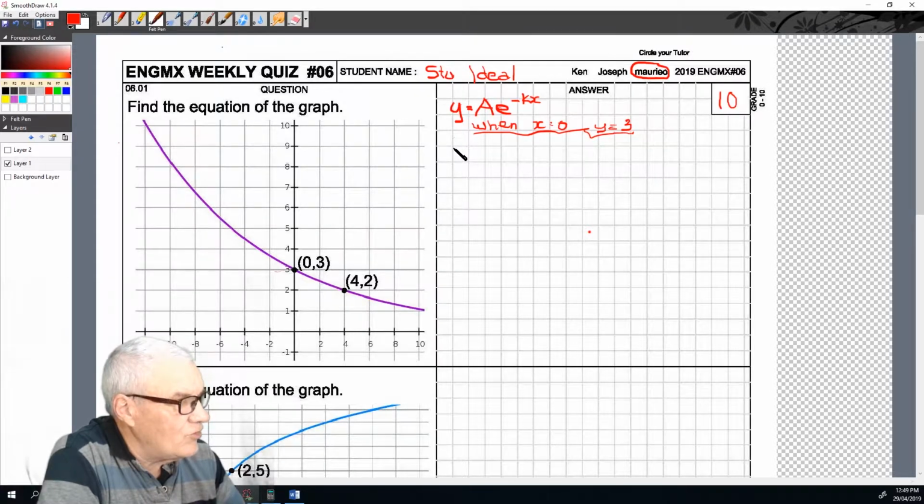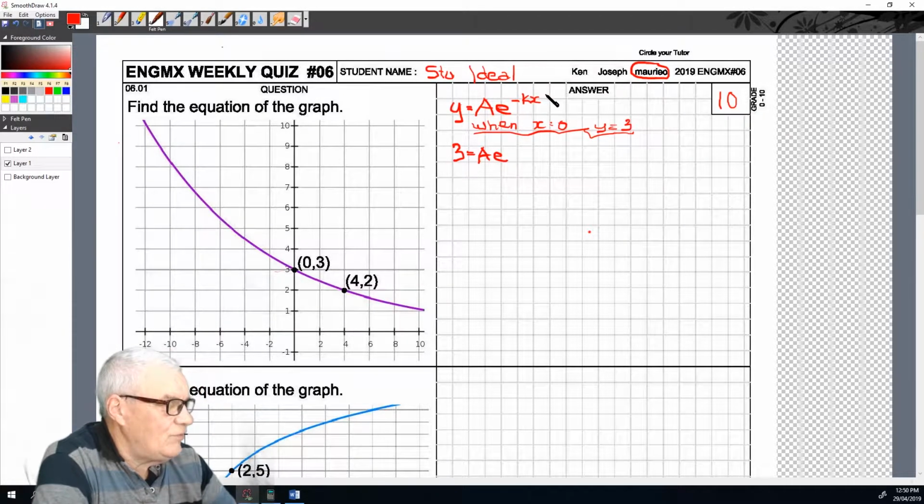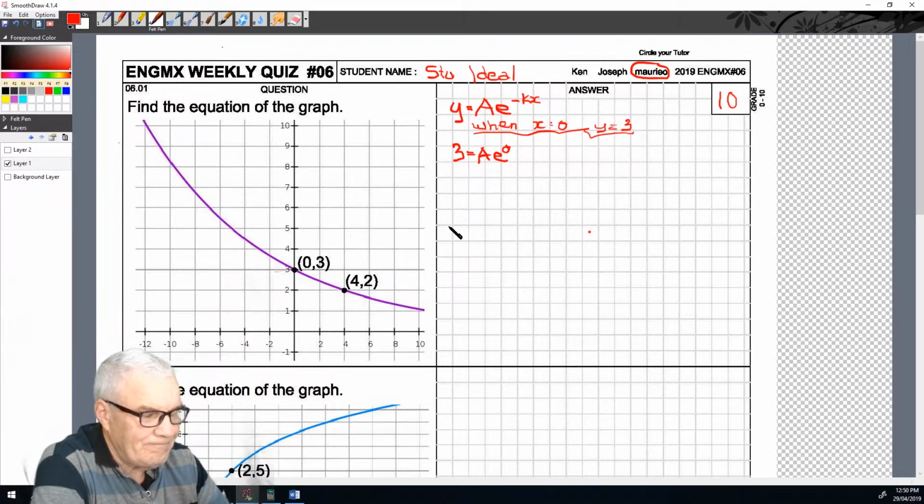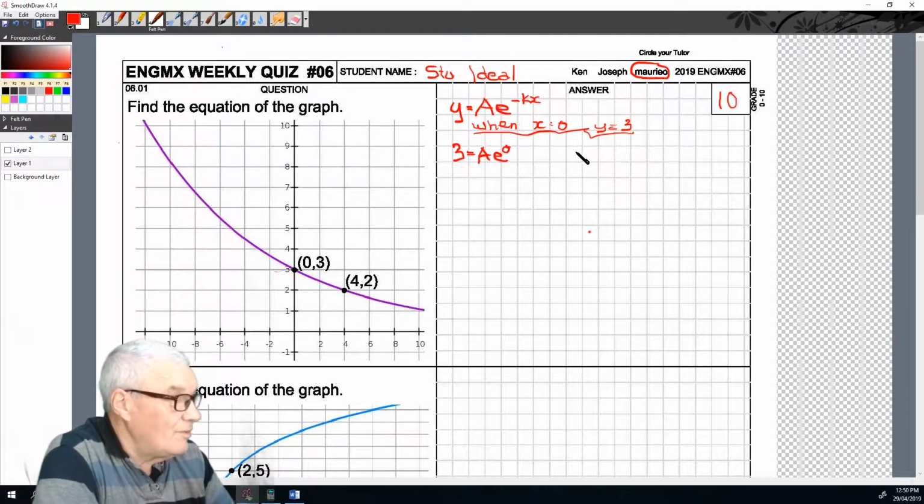So then we can say 3 equals a e to the negative k times x. x is 0, so that's going to be e to the power of 0. And what do we know?